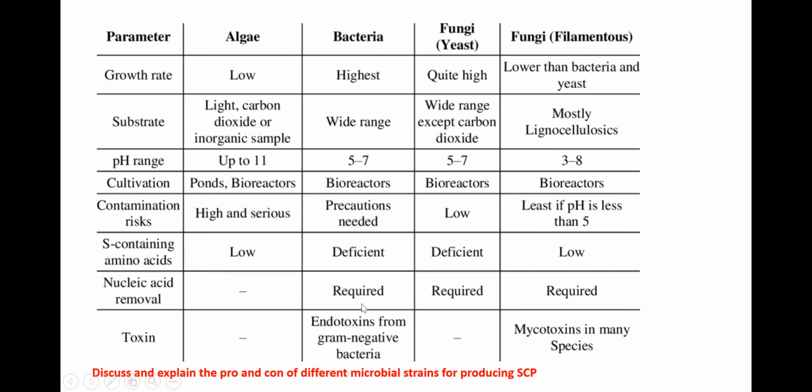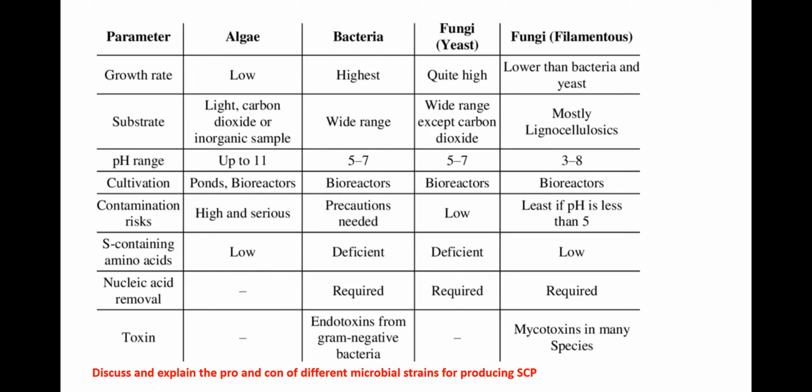And I have added, for example, many short sentences in red color at the bottom or top on many slides, which is to help you imagine what kind of questions will come out in the test or final exam. For example, the question will be: discuss and explain the pros and cons of different microbial strains for producing SCP.